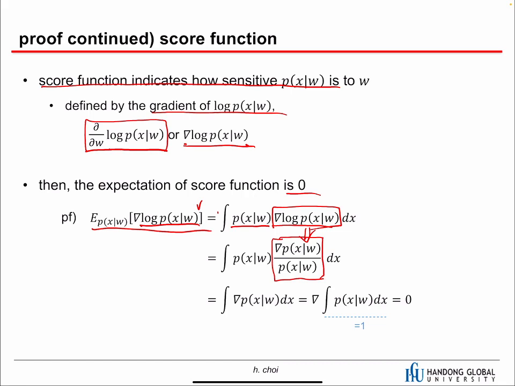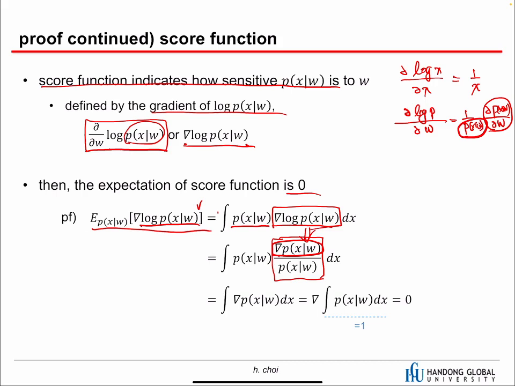When we take the derivative of log x with respect to x, it is 1 over x. Then instead of just x, we have another function. So if we take the derivative with respect to w, we have 1 over p times the derivative of p with respect to w. So this one is actually the same thing, and then we have this one. From this score function, we can get this one. In machine learning or deep learning, you will see this kind of pattern a lot. We have a score function, and sometimes we want this one, or from this one we will use this score function.